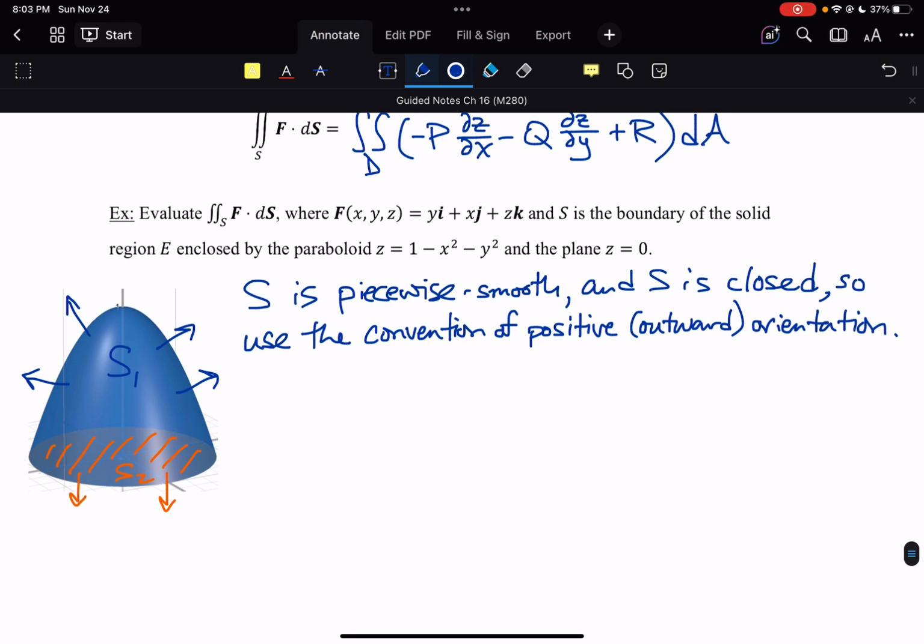Now, S1 being this paraboloid right here, S1 can be written as a function, right? So we have x is x, y is y, z is a function of x and y. We can call it g of xy. That's 1 minus x squared minus y squared.